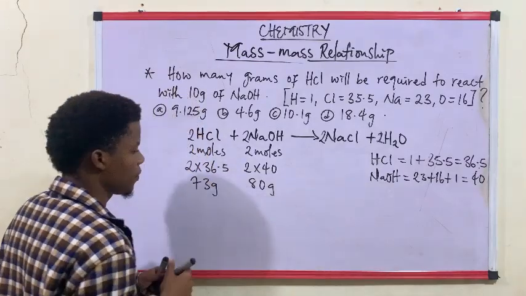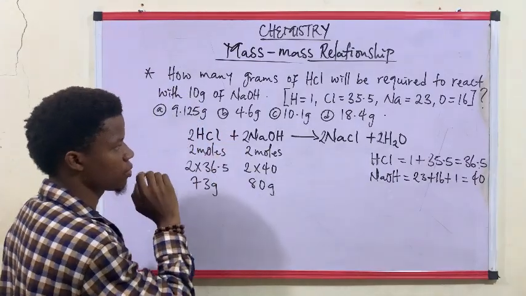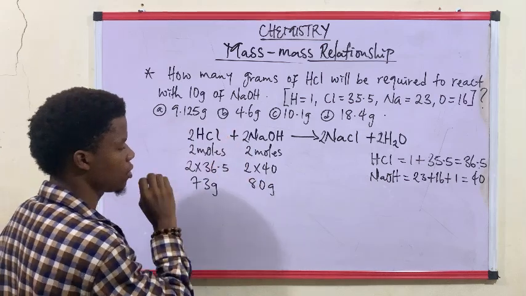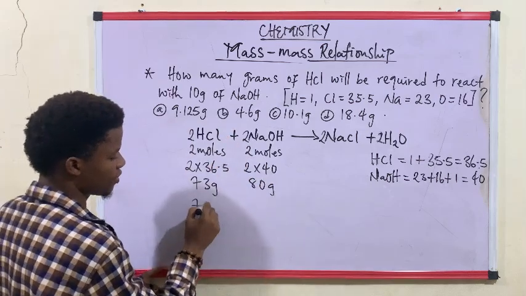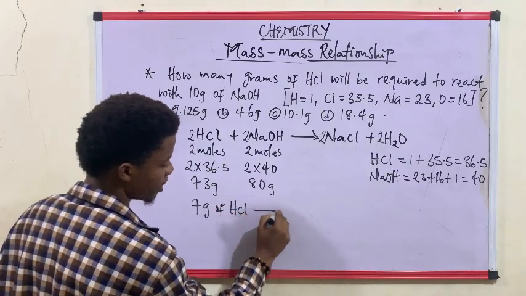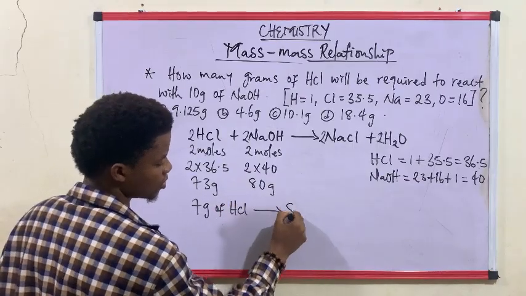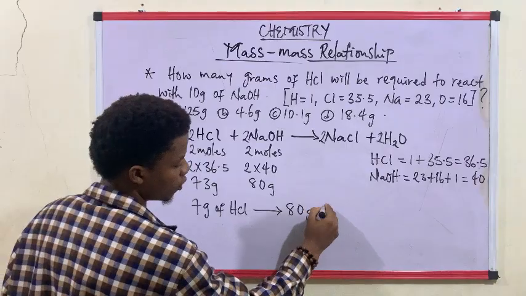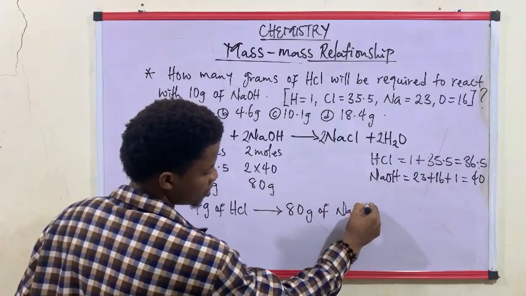Now here's the area in which I want every one of you to pay close attention. From the balanced equation, 73 grams of HCl is required to react with 80 grams of NaOH, sodium hydroxide.